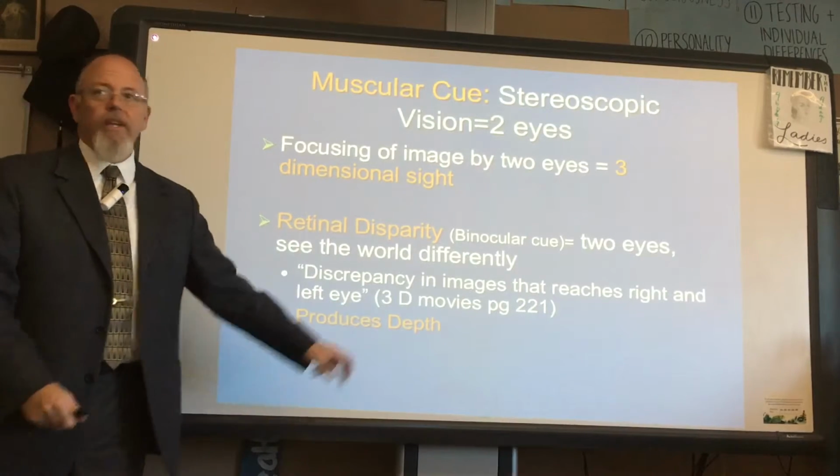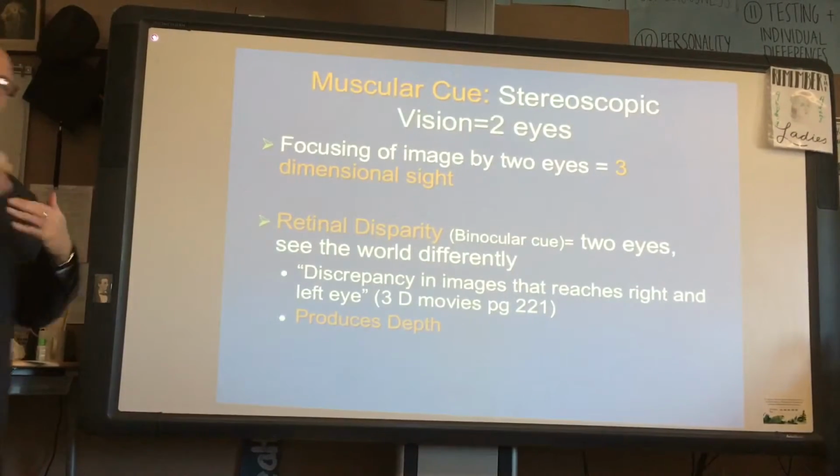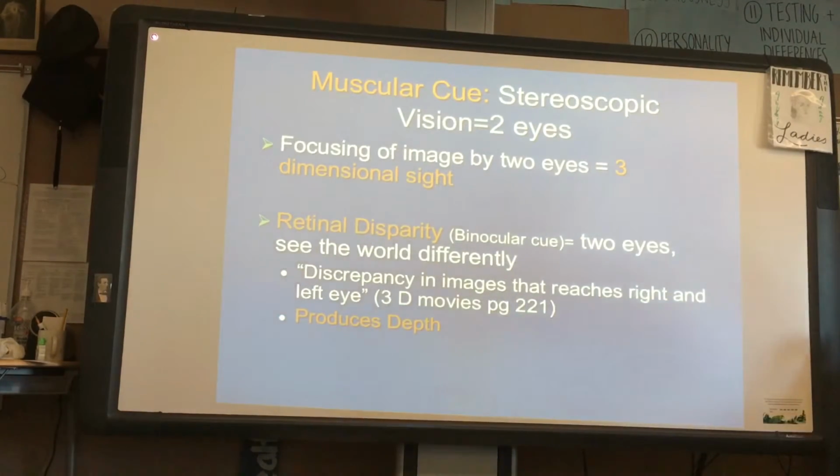The 3D movie also goes off the same principle, that you have multiple cameras projected at slightly different angles, and then the glasses filter different elements of the film. Does that make sense?